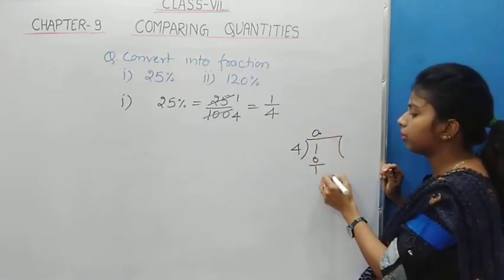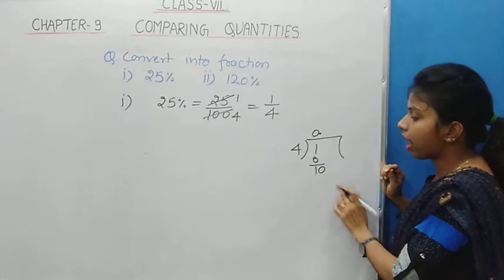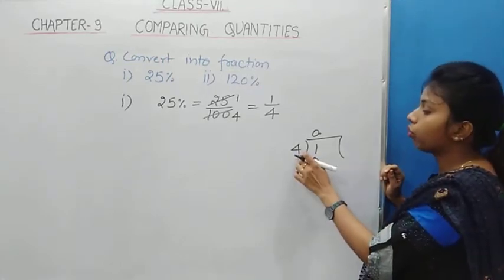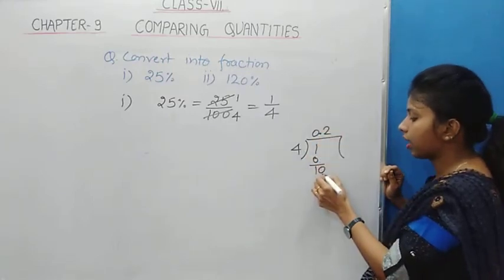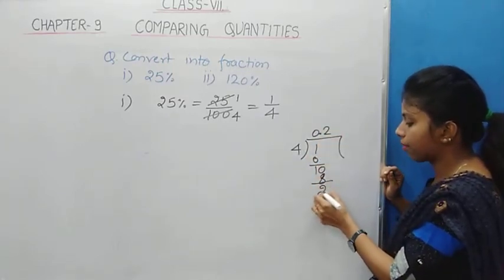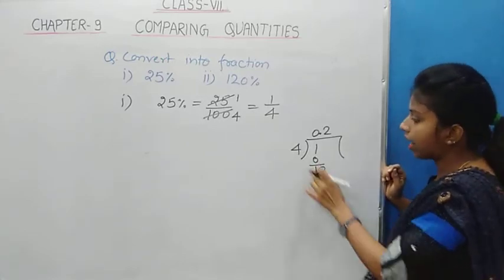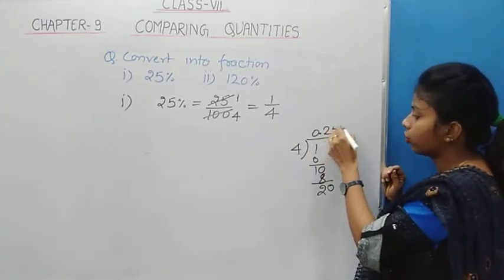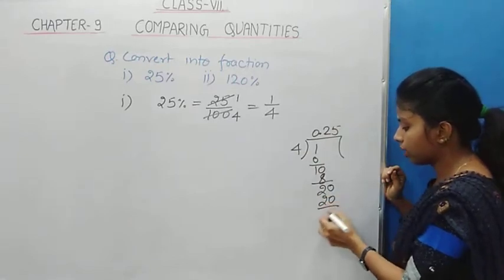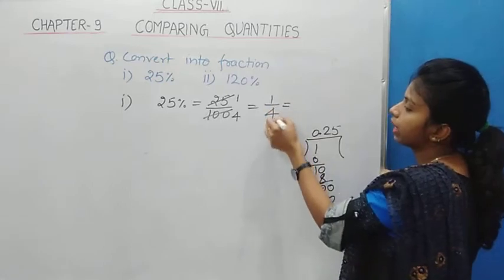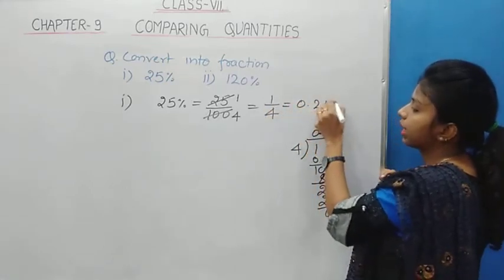Now we have decimals, so we get 0 here, and 4 twos are 8, so we have 2 here. Again we add a 0, and 4 fives are 20, so we get 0. So in decimal form we can also convert this fraction.